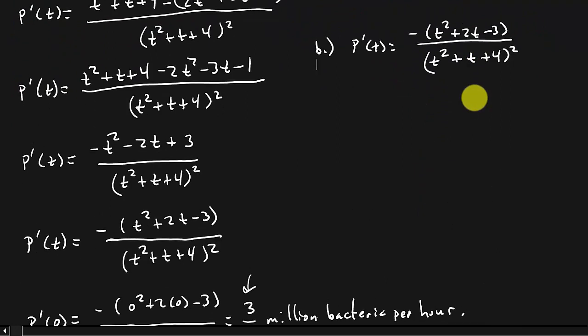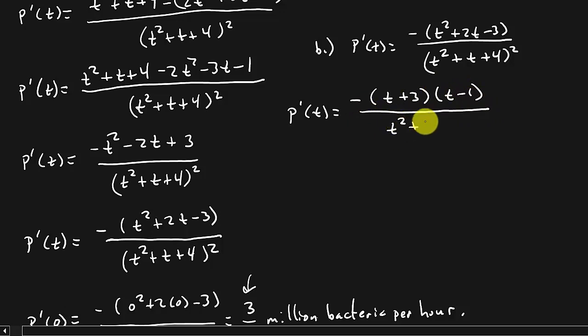If it's positive, that means it's increasing. If it's negative, that means it's decreasing. If we look at this, P prime of t is equal to negative, and that's going to be t plus 3 times t minus 1 over t squared plus t plus 4 squared.